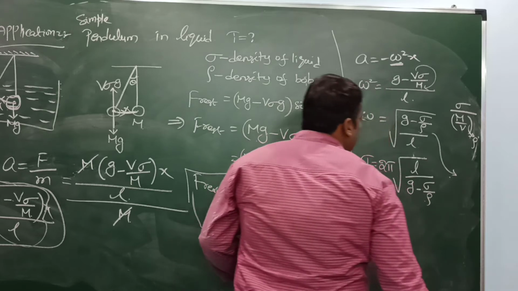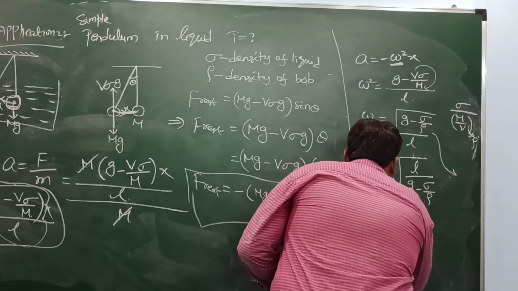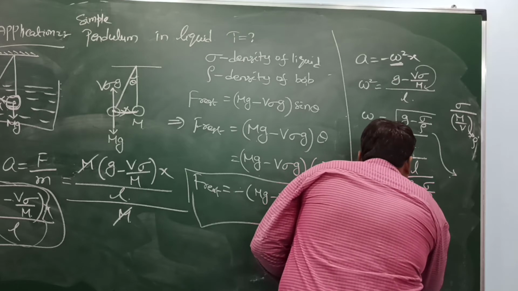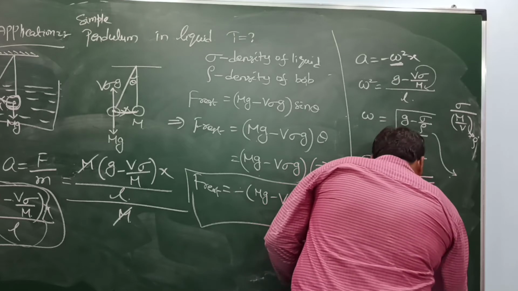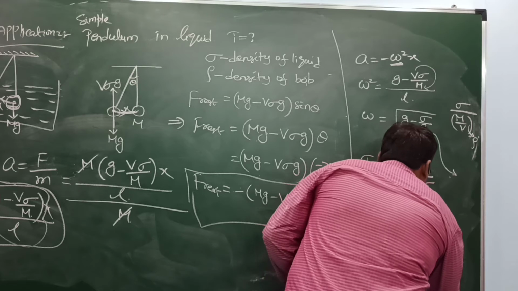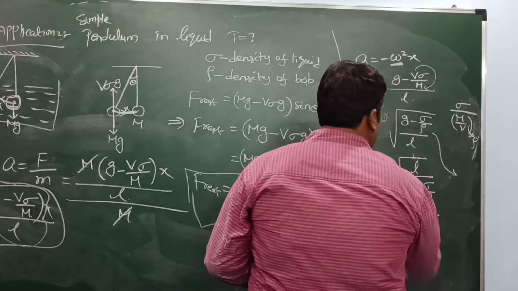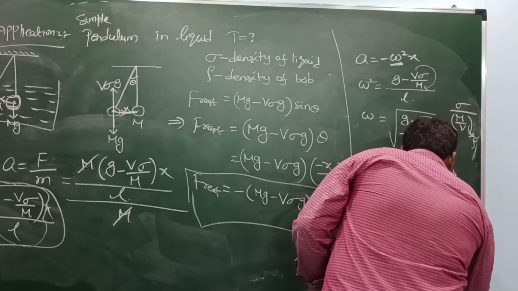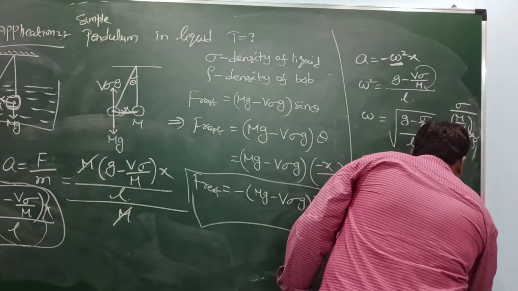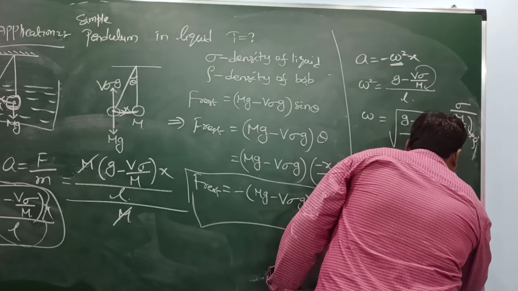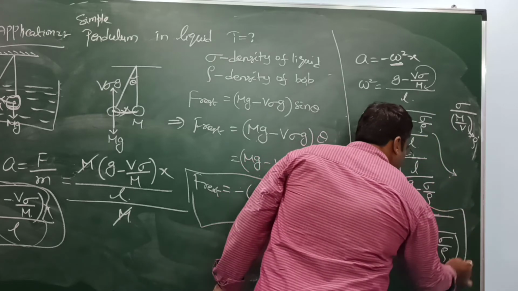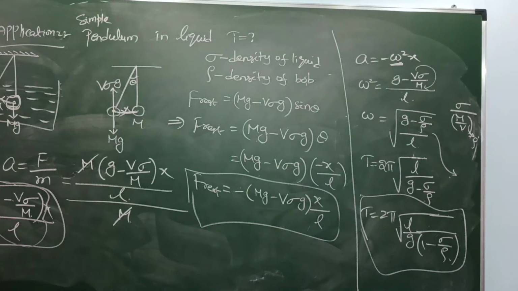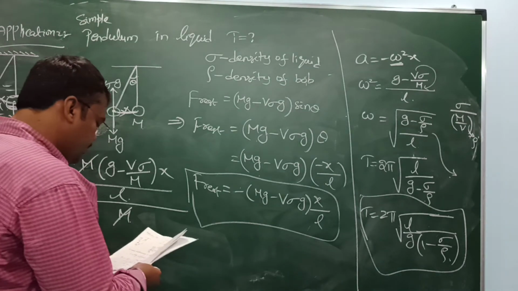When you take g common, T is equal to 2 pi square root of L divided by g into 1 minus sigma divided by rho. This is one of the applications of the simple pendulum in simple harmonic motion.